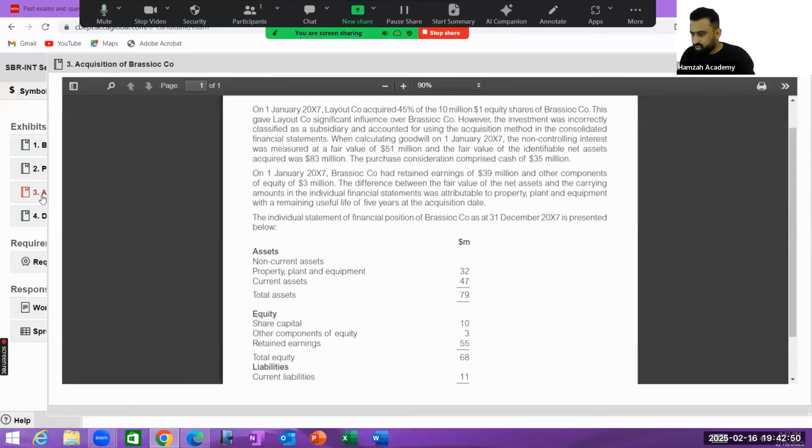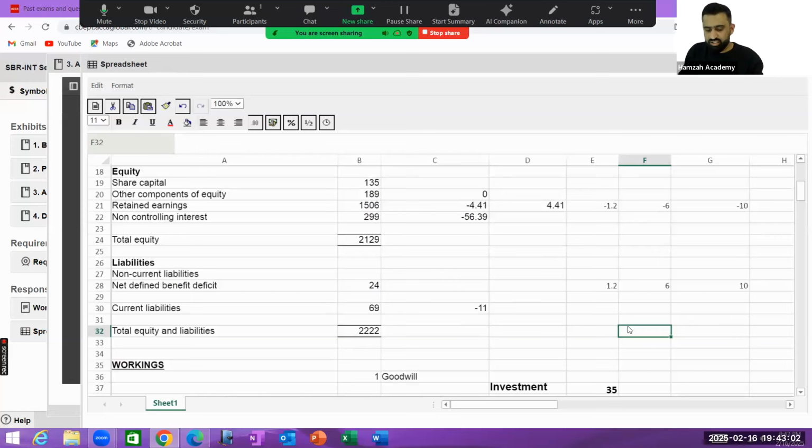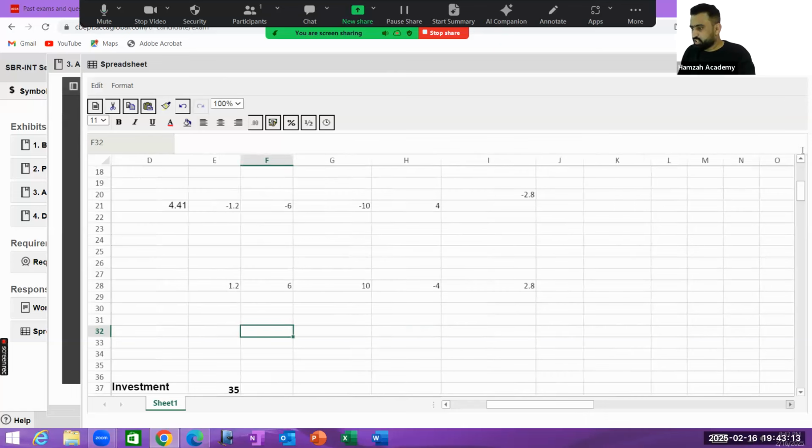And the current liabilities of the subsidiary were 11, and obviously that will also be eliminated from the consolidated financial position. So these are the adjustments which we need to incorporate in this pre-populated spreadsheet.